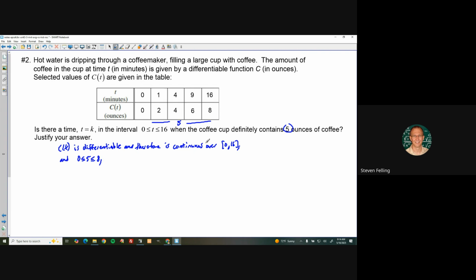It's a continuous function over the closed interval, and the output value is in between the output values at the ends of the interval.